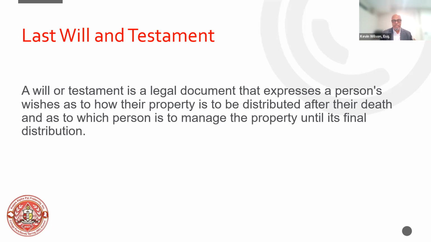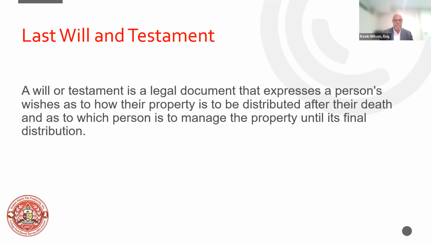For example, in DC and Maryland, if you have a car, there are forms where you can fill out and place beneficiaries for transfer on death. So that's how we avoid probate with those items.